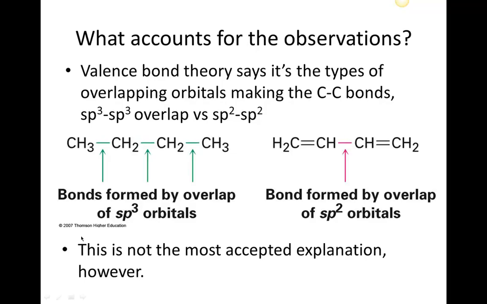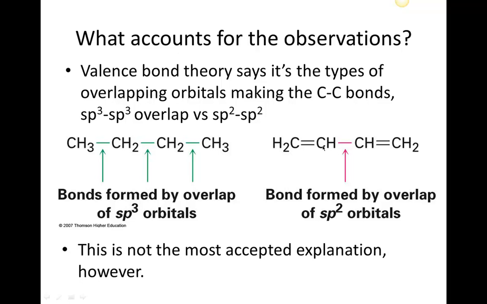So people wondered why this is, and if you go back to valence bond theory, you could argue that it's the differences in the types of bonds, how they were formed. And we talked about this way back in chapter 1. What is the composition of this bond? These bonds are formed from all these sp3 orbitals overlapping with sp3 orbitals. So the composition of each one of these bonds is just sp3 orbital overlap with sp3.